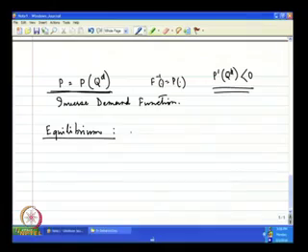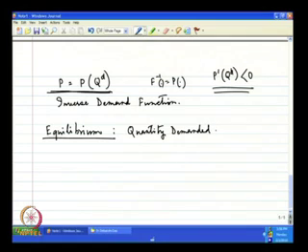What is equilibrium? Equilibrium demands that quantity demanded must be equal to quantity supplied.